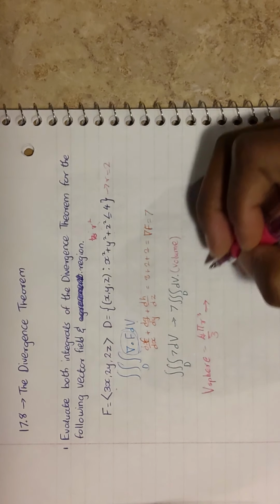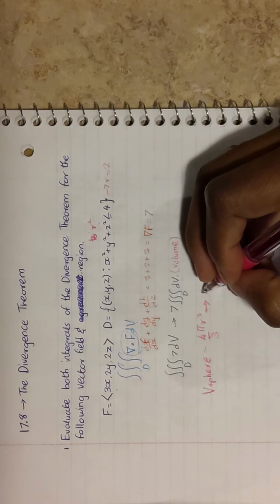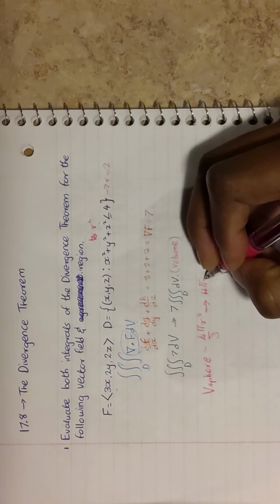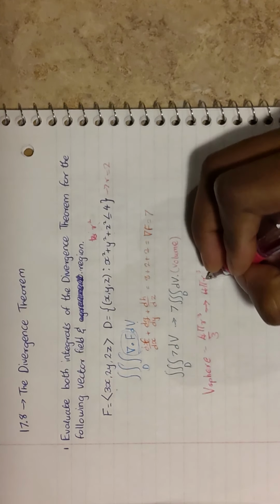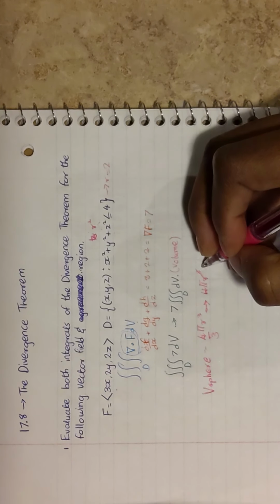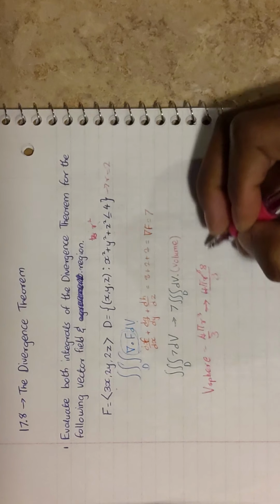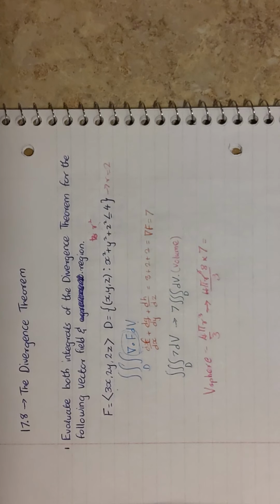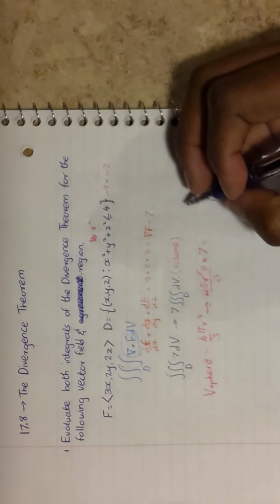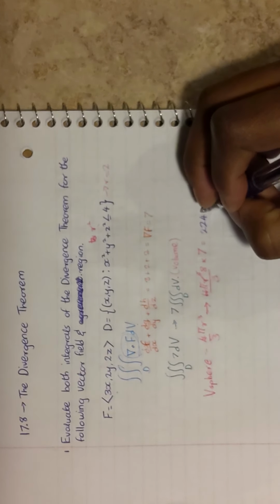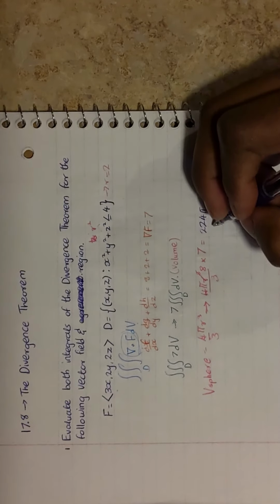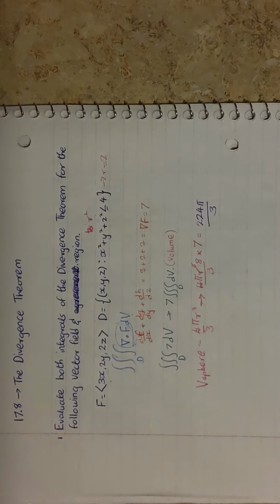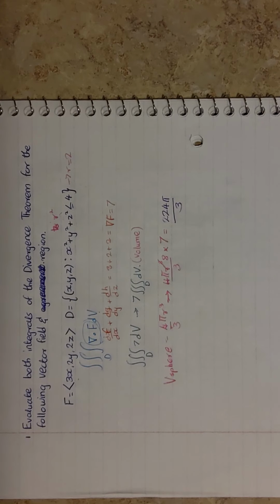So in this case, 4 pi times 2 cubed, that's 8, over 3 times 7. And the answer you're going to get is 224 pi over 3. Okay, so that's not it yet.